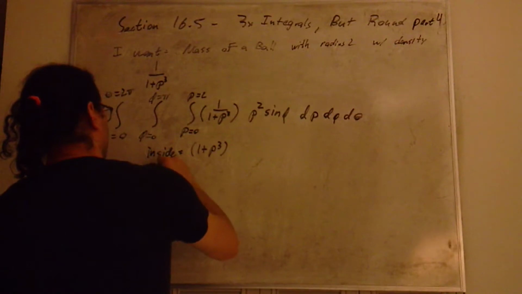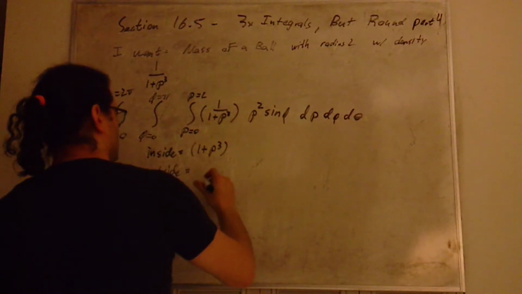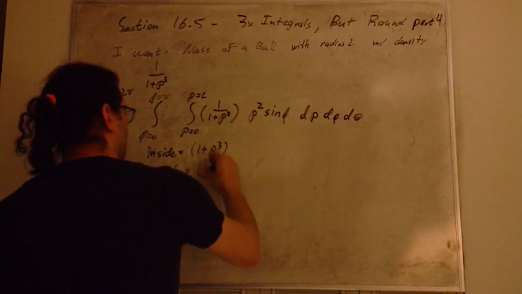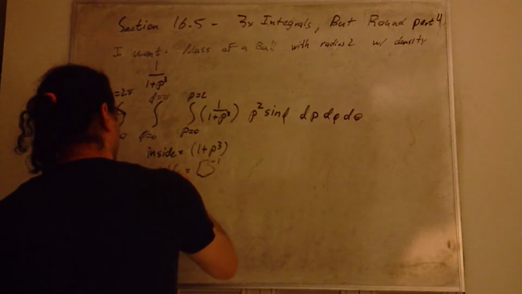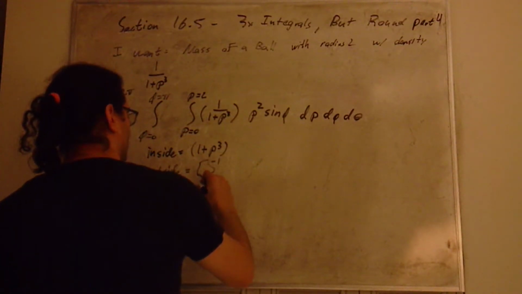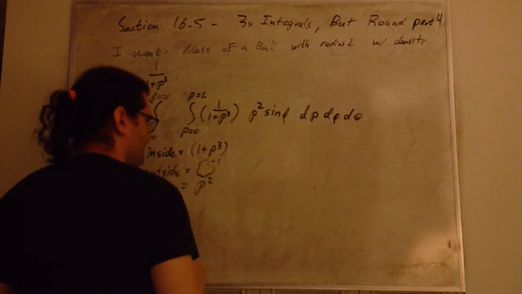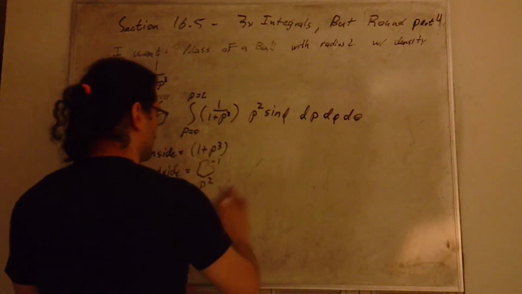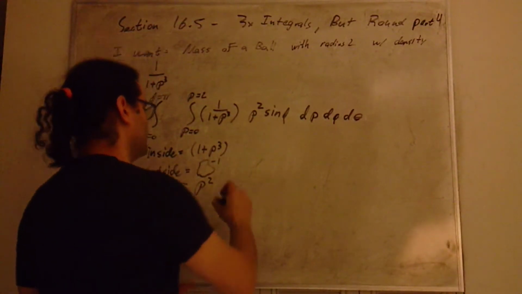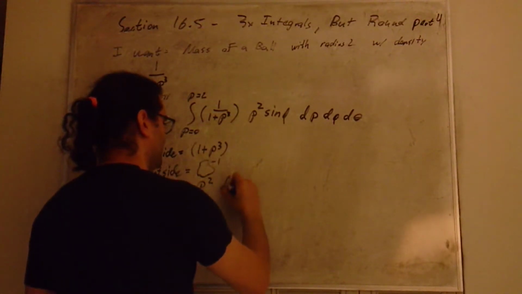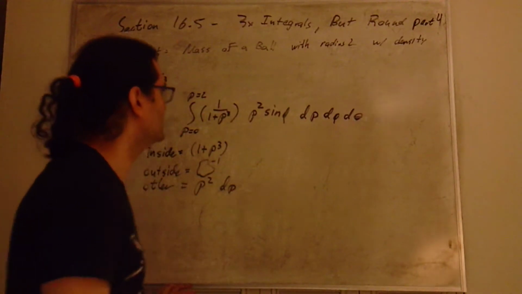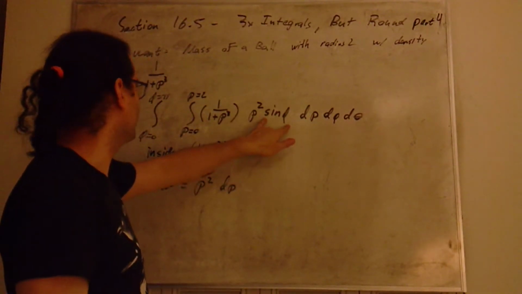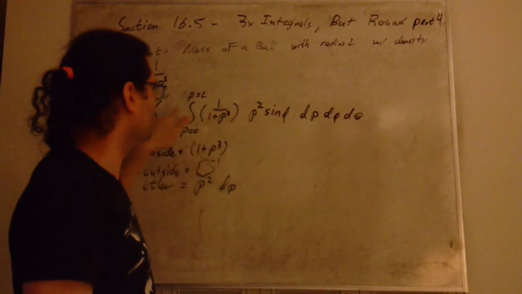The outside is blob to the negative 1, and the other is rho squared. The sine of phi is like a coefficient. I'm kind of not worried about that. We'll just say rho squared d rho. We can effectively just move that to the outside. It's a coefficient on this one.